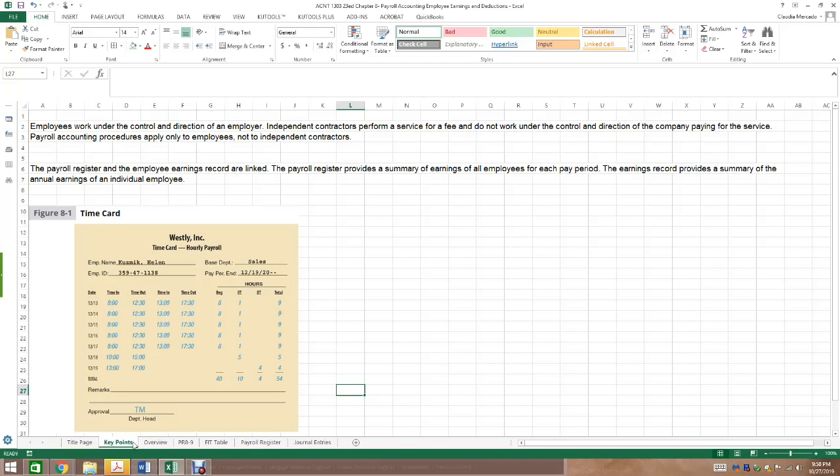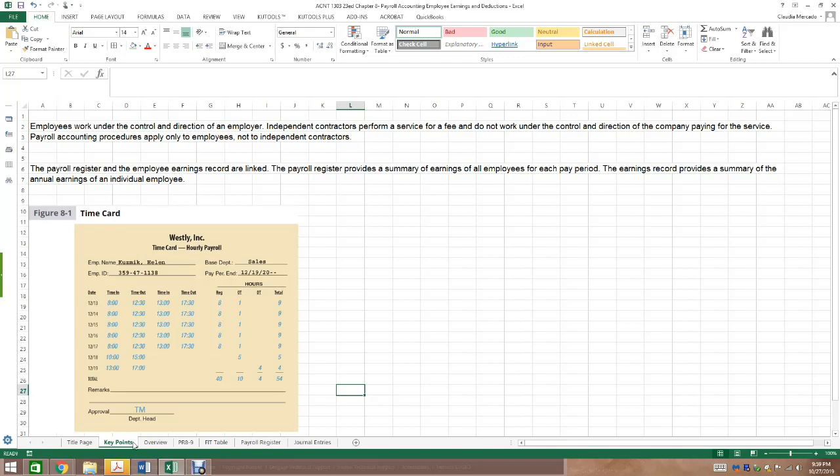So we're going to be going over some reporting mechanisms or reports that we have to create. So the payroll register is one of them. So we have the payroll register, and then we have the employee earnings records. Okay. So basically what happens is the employee earnings records maintain a record by employee. Okay. So every employee has their own employee earnings records, and they keep track of that specific employee.